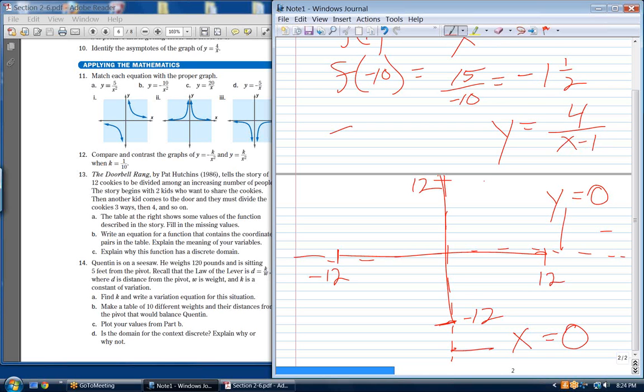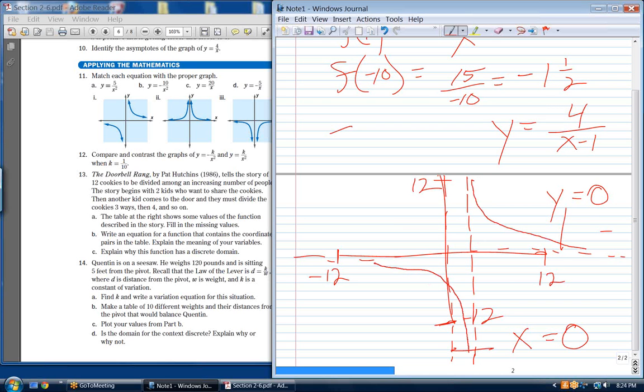Then it would be 1, I guess. So there's the vertical asymptote. Horizontal asymptote is still y equals 0. So the graph of this thing would look like this.